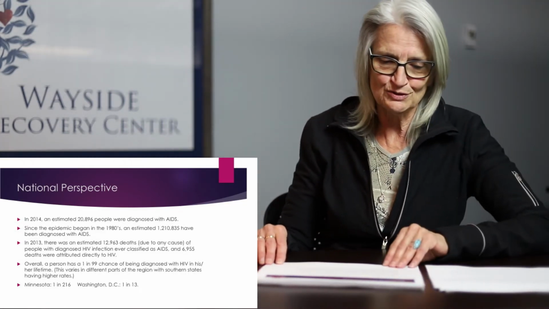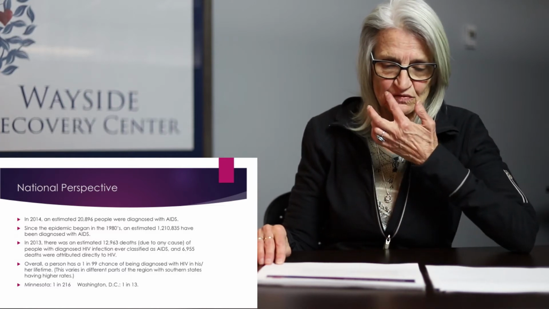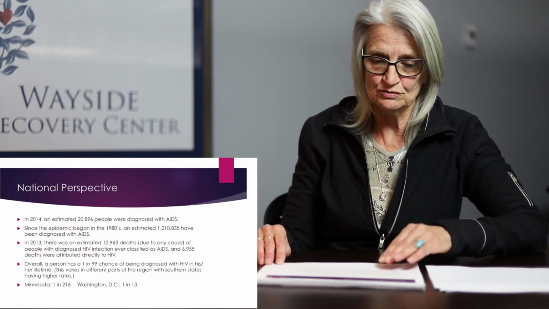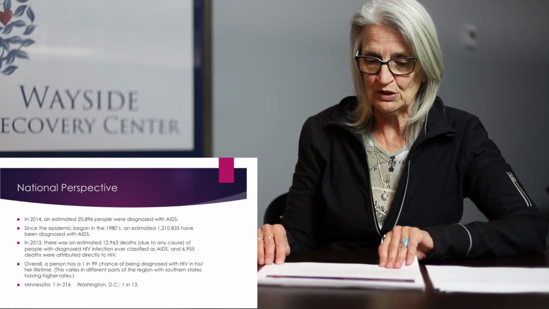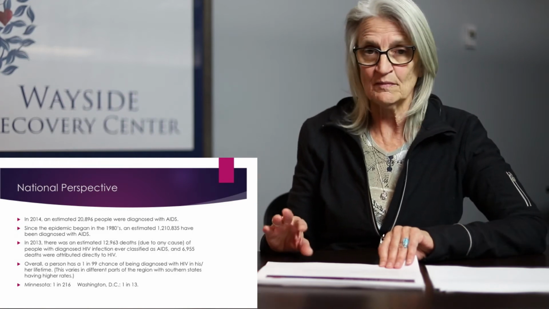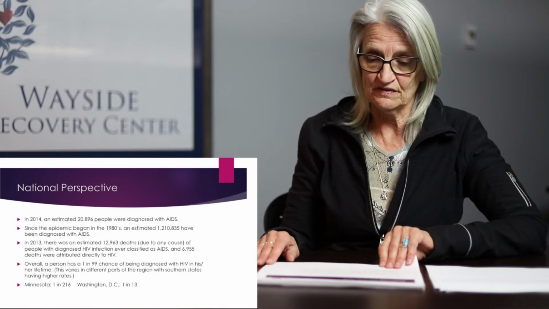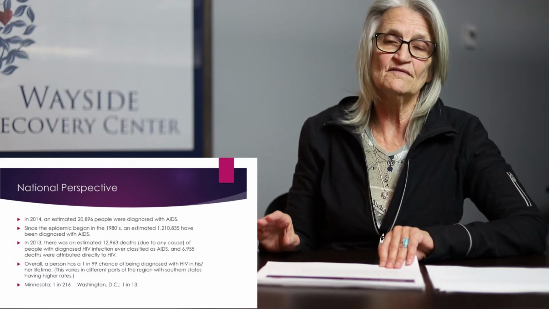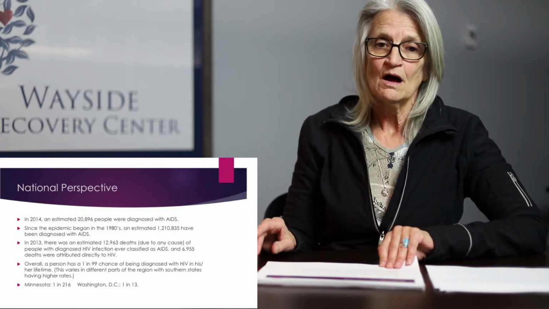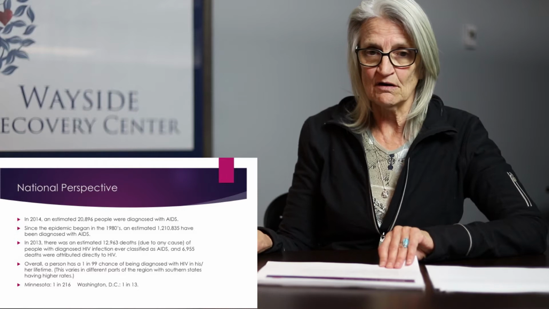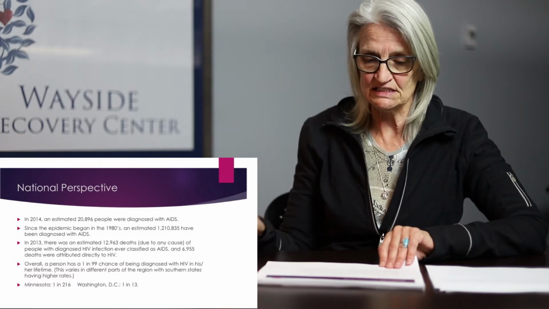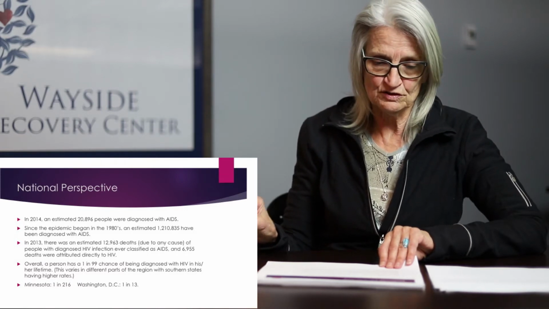Okay, so a national perspective, in 2014, an estimated 20-some thousand people were diagnosed with AIDS. And remember, the diagnosis of AIDS is made with the actual count of the virus or different types of immunosuppressed diseases that you are diagnosed with.